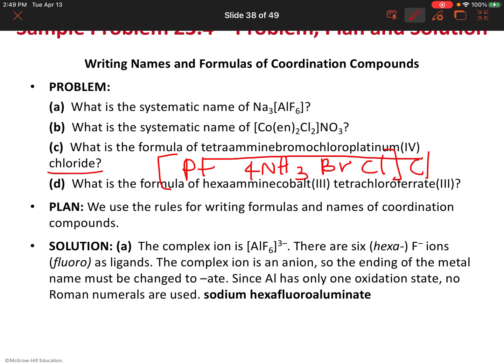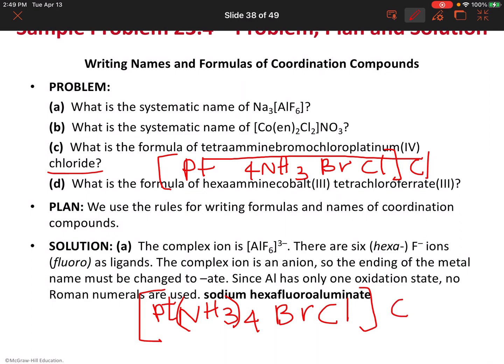So we're going to put these in alphabetical order. So first you have platinum, and there are 4 ammonia groups starting with A, 1 bromine, 1 chlorine. All of these are going to be your complex cation, and then chloride.